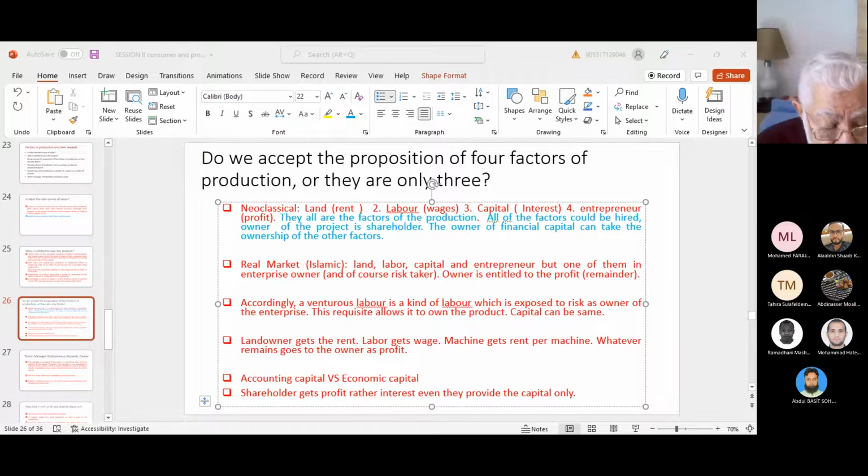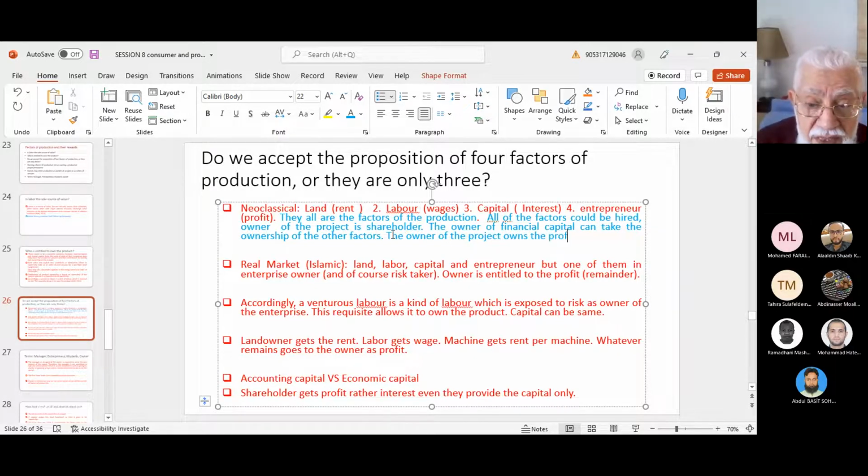So notice then, who deserves the profit? Any of the factors of production? No. Rather, the owner of the project. The owner of the project may be one of the factors of production, or maybe an outsider, and all four factors of production are hired for predetermined return.